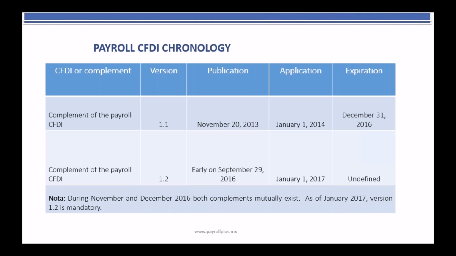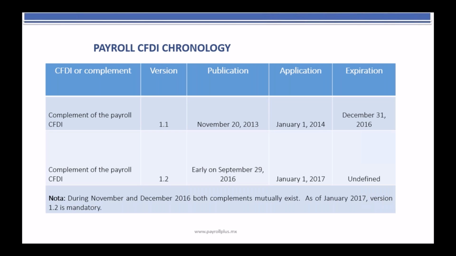However, the actual rule says that it will be mandatory as of January 1st, 2017. The reason that the authority is releasing it early is for service providers to be ready. They understand that there is a series of technical modifications, and all this will take effort from the service providers, so they are releasing it with anticipation so they can be ready.